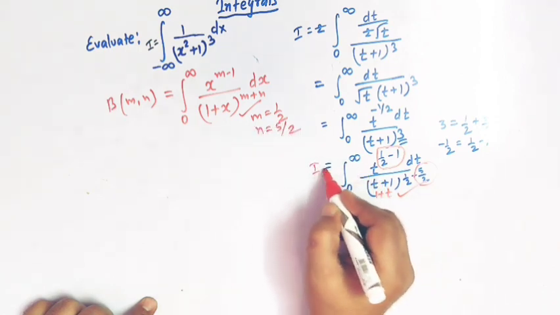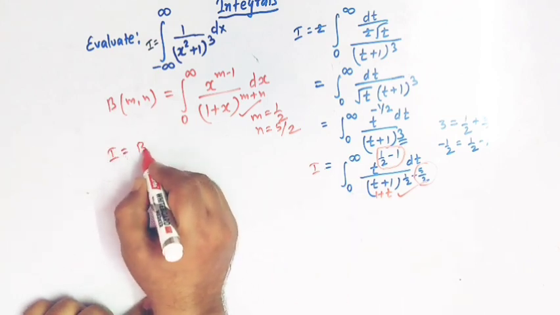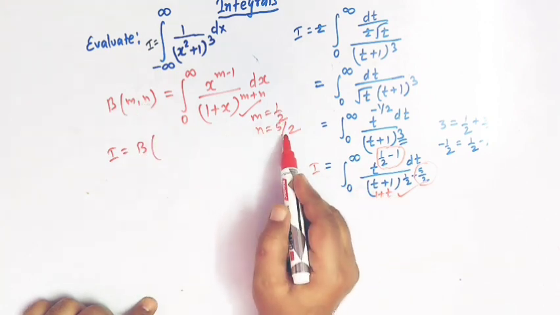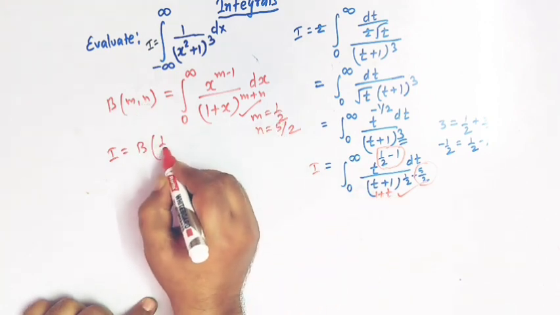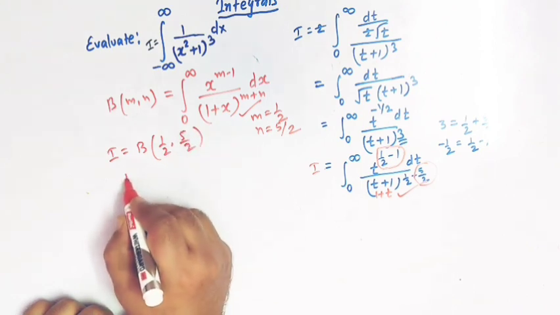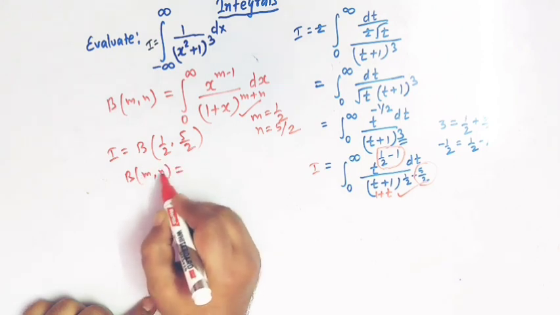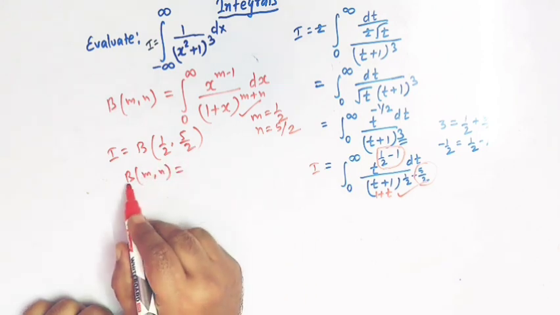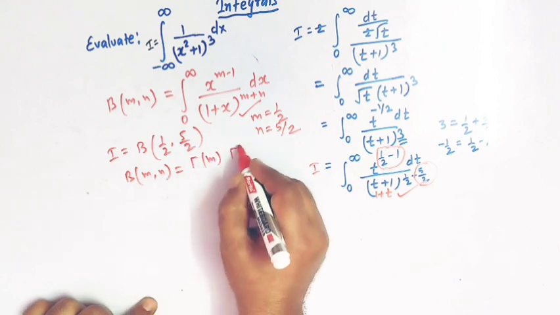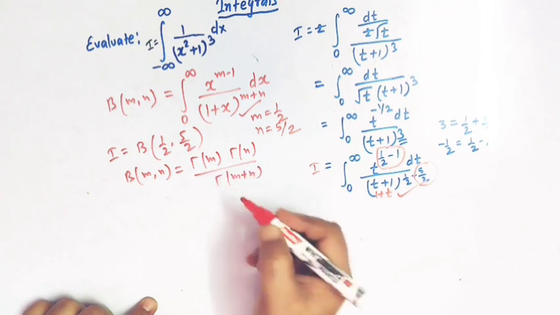So now this integral I is equal to beta of m, n. M is half and n is 5 by 2, so this is beta of half comma 5 by 2, right? Now we know an important relation between beta function and gamma function. So beta of m comma n is gamma of m, gamma of n divided by gamma of m plus n, right?